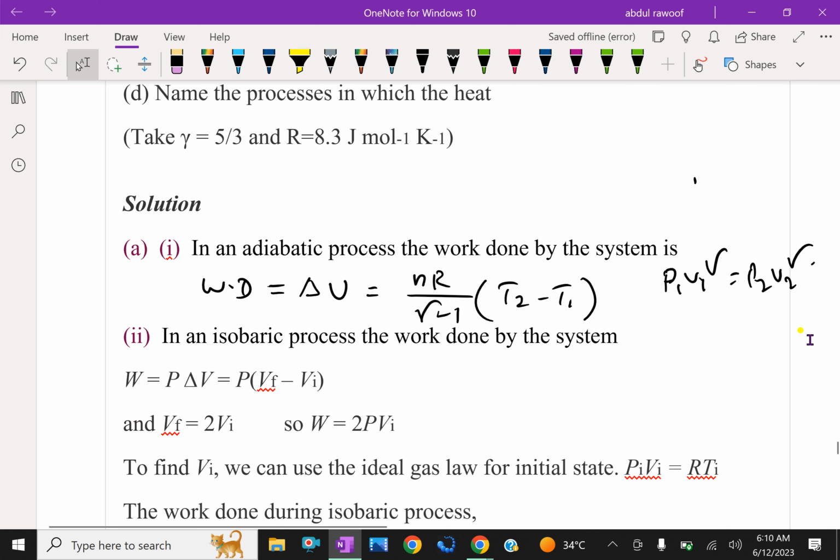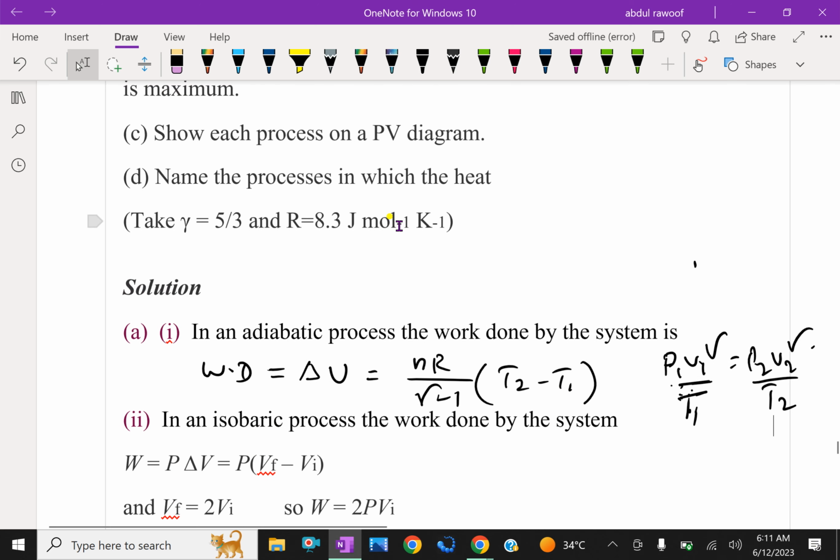Using the relation with T1 by T2, we can find the value of T2. The initial temperature is given as 27 plus 273, that is 300 Kelvin.